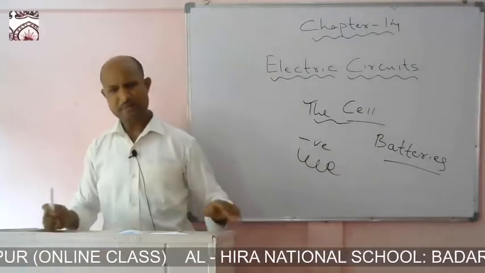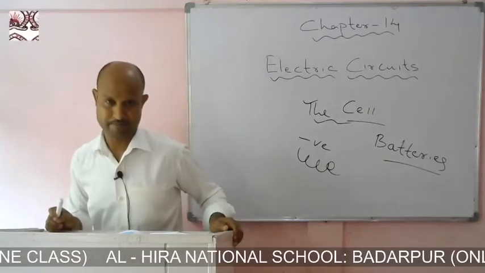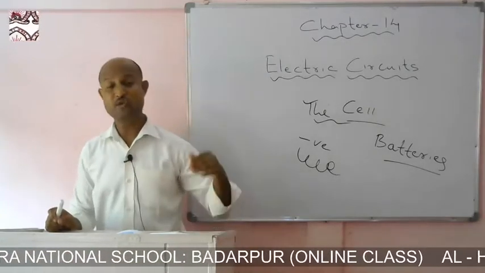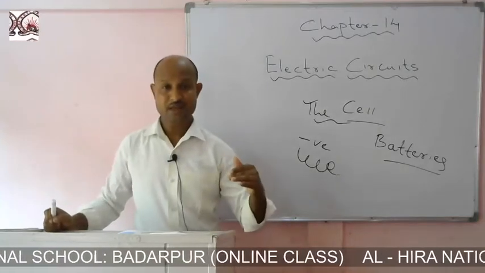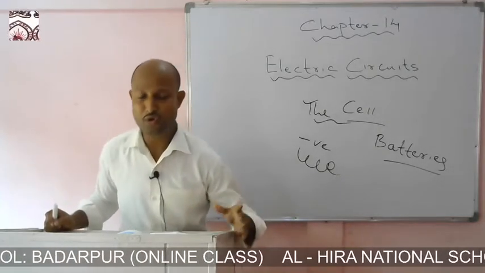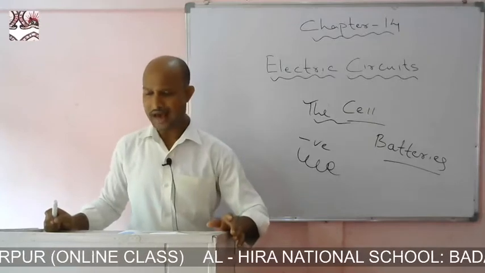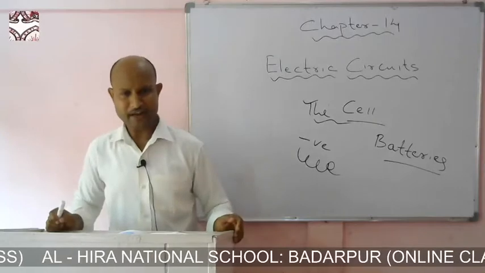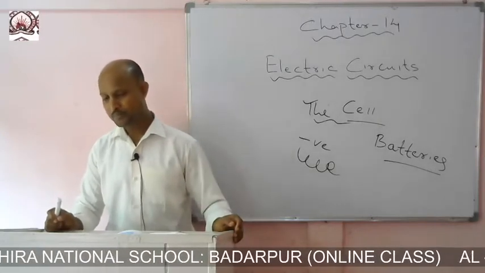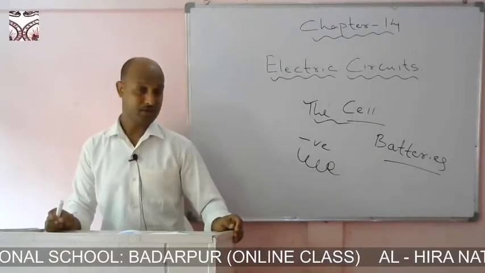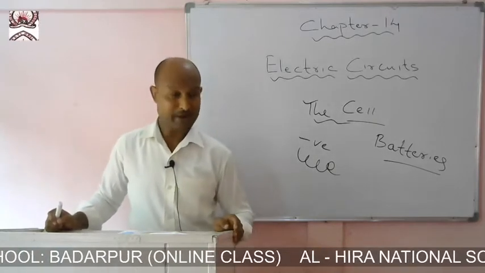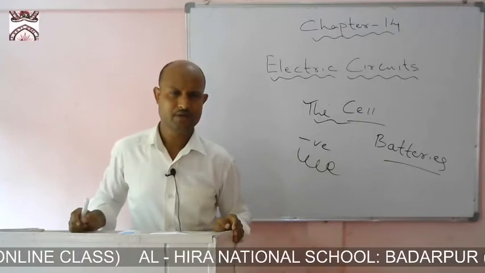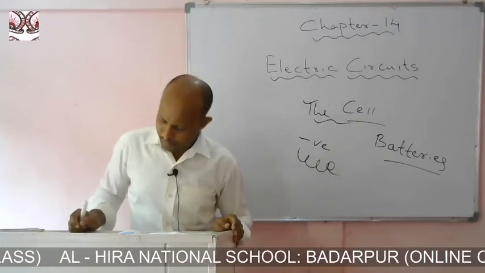The filament is made of tungsten, and as it is made of tungsten, it has a very high melting point, which lets the bulb glow brighter. It also has two terminals, the positive and the negative. The metal tip at the base of the bulb is considered the negative terminal, and the metal case surrounding the bulb is considered the positive terminal.